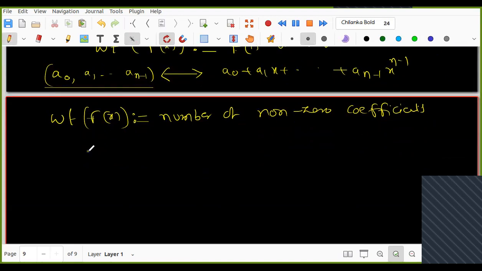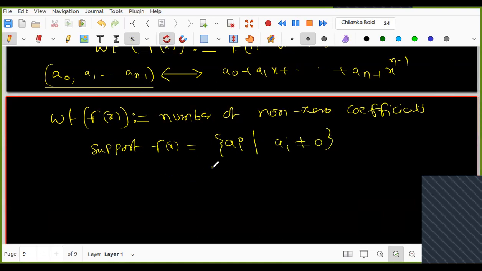That's why I can define the support of f(x). What is the support of f(x)? All the coefficients that are not equal to 0. Support of f(x) equals the set of a_i such that a_i is not equal to 0.